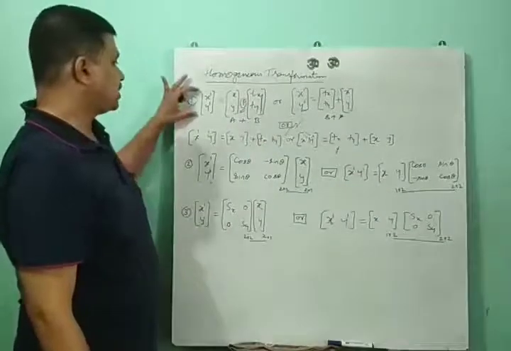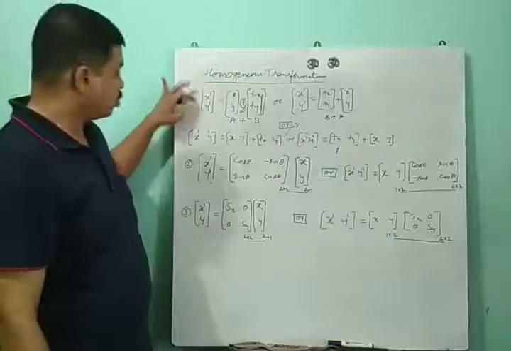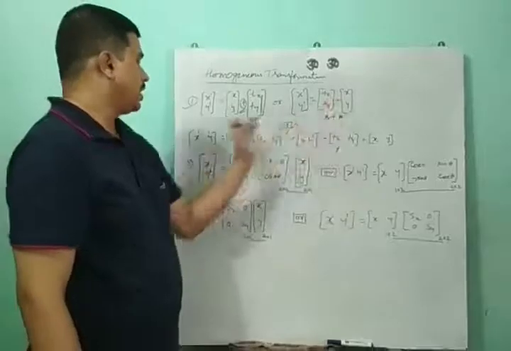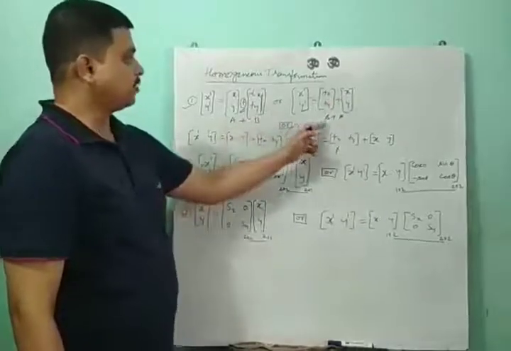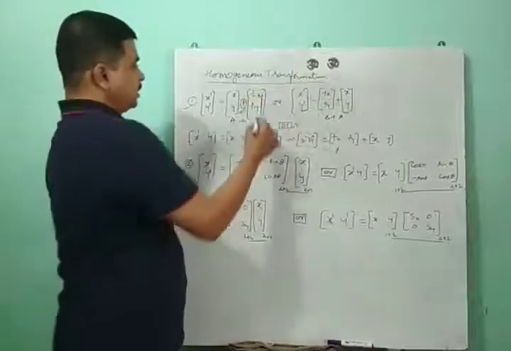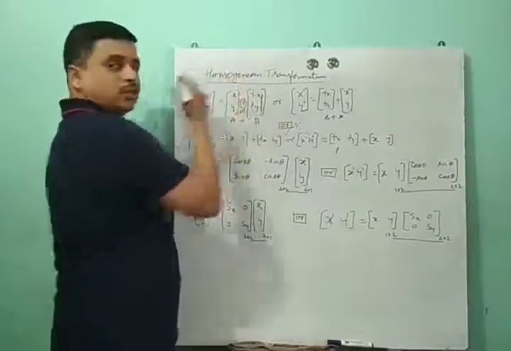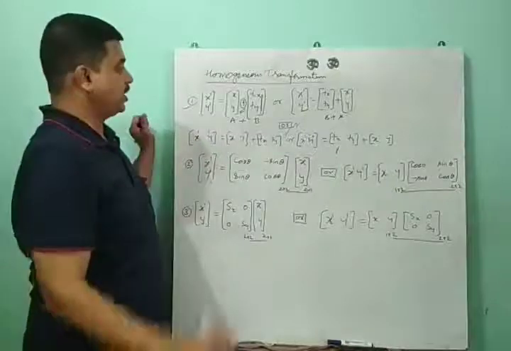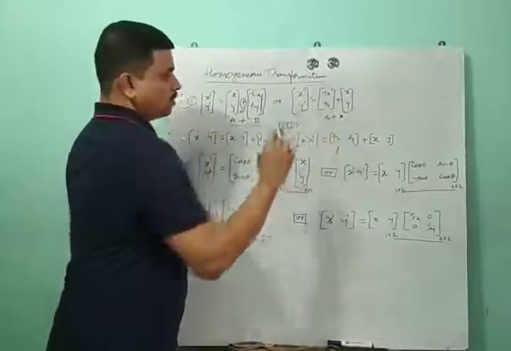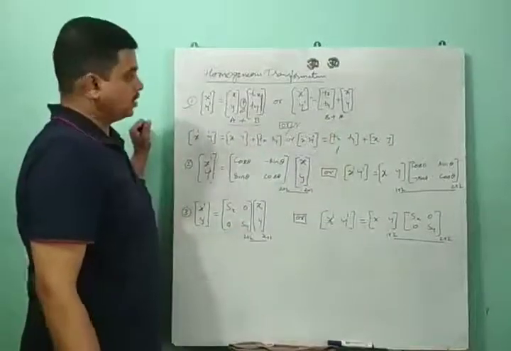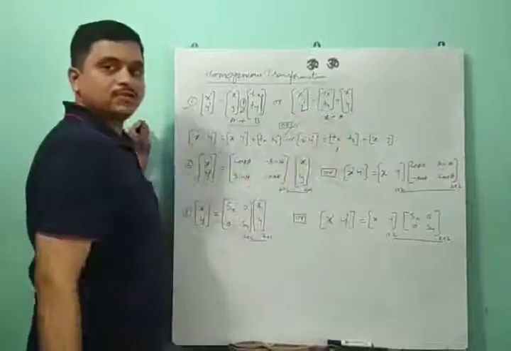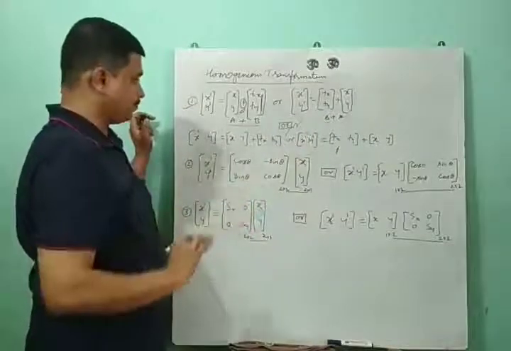So we can represent the points in the form of a row matrix or a column matrix, either in the form of A plus B or in the form of B plus A. The result is same. The translation vector has to be added to the initial point, then we get the translated point as the summation of these two matrices. So we can write it in the form of A plus B or B plus A, and the answer is the same.